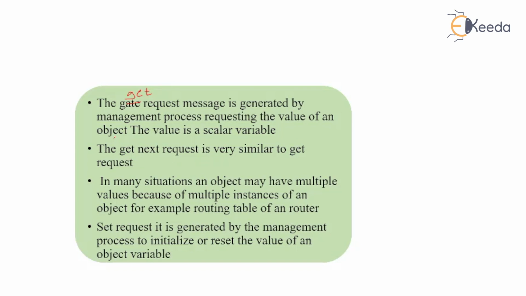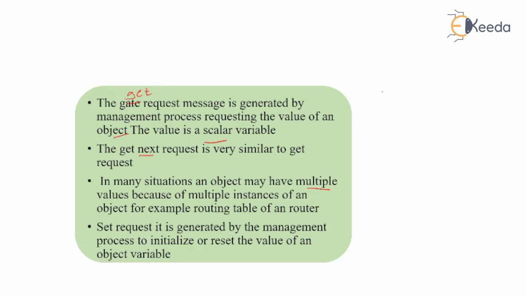So whenever the manager requires something from the agent, he must first request it from the agent, and what he will request is the value of an object, and the value should be a scalar variable. The next one, that is the get next request, is very similar to get request. In many situations, an object may have multiple values, and by that time we have to use the get next request.